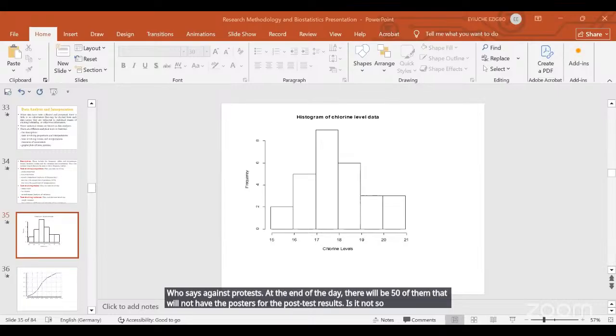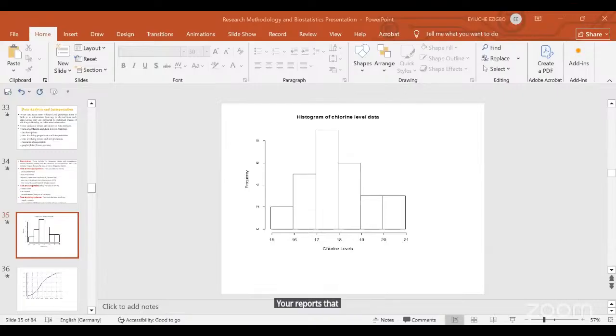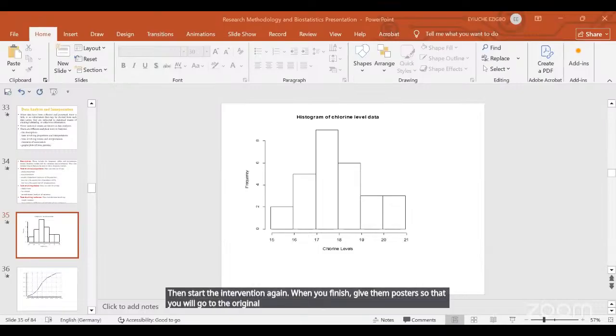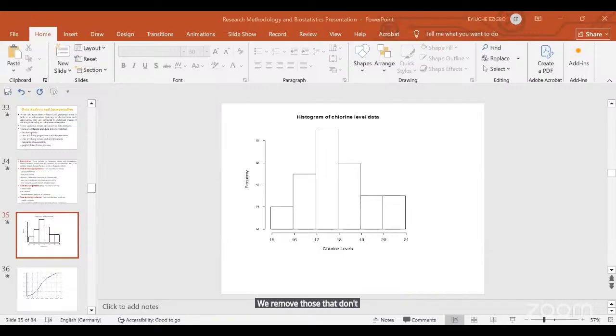You will report that, and at the same time, you will not be expected or requested to go gather some people elsewhere, give them pre-test, then start the intervention again, and when you finish, give them post-test so that you will go to the original participants you have, remove those that don't have the post-test results and then replace them with these new ones.